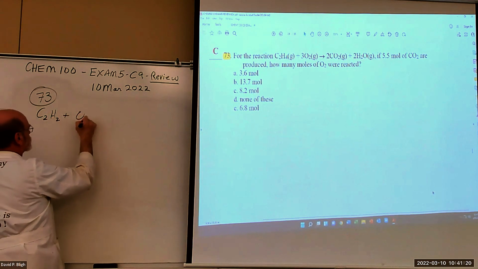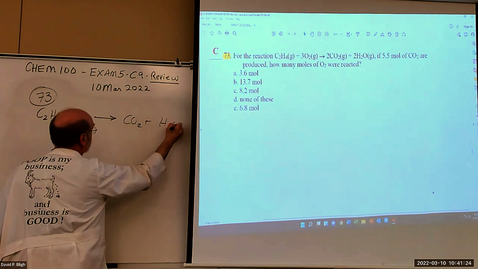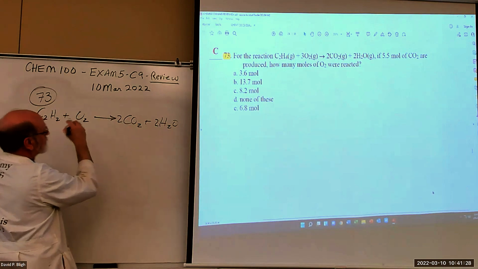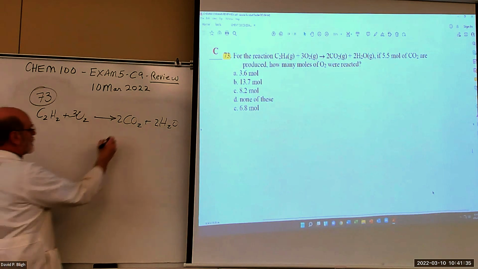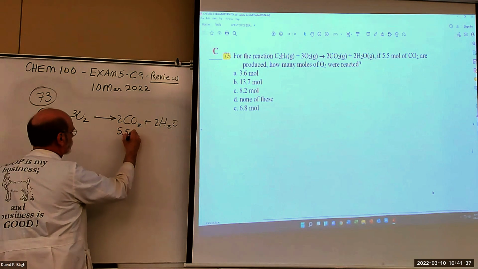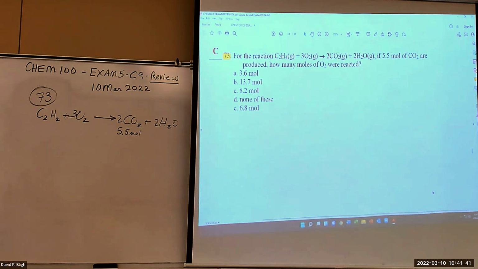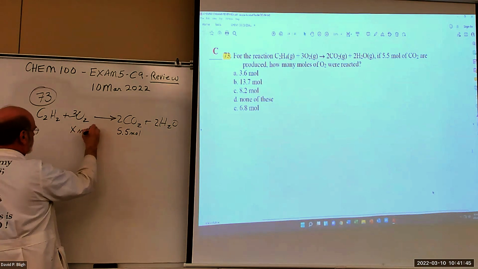C2H4 plus oxygen yields carbon dioxide plus water. And that's 2, 2, 3. And we're given 5.5 moles of CO2 produced. How many moles of oxygen are reacting?